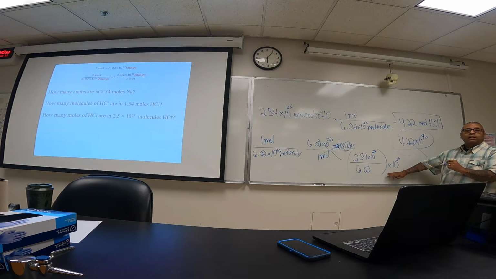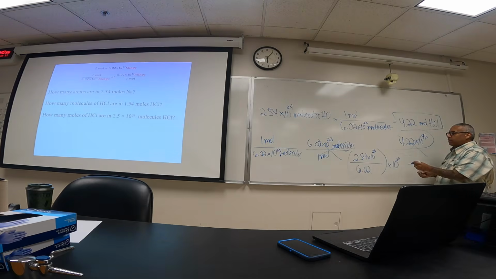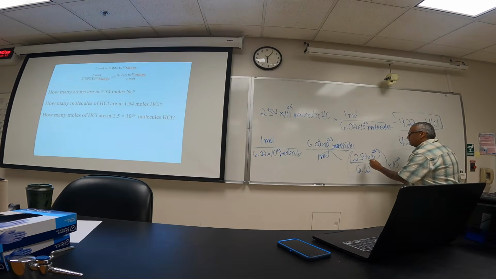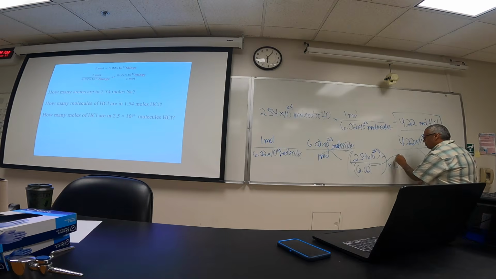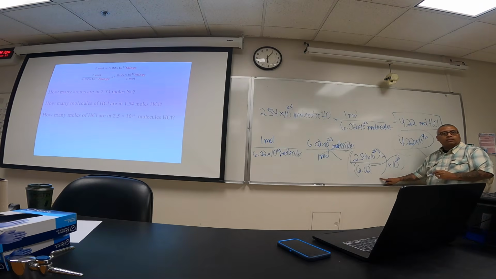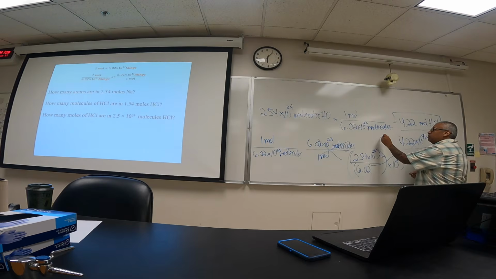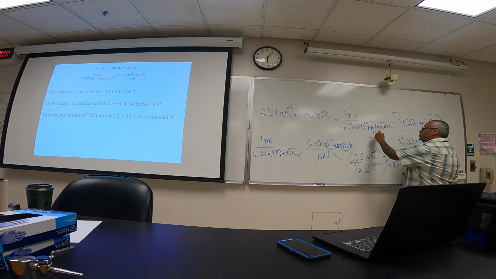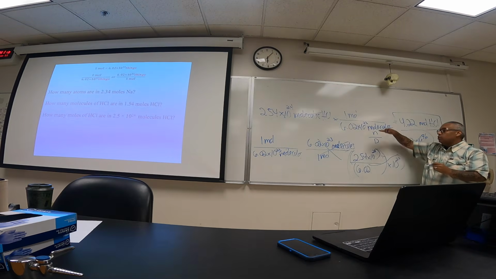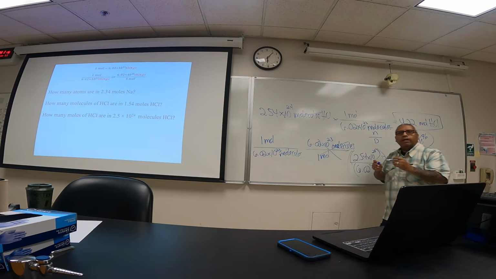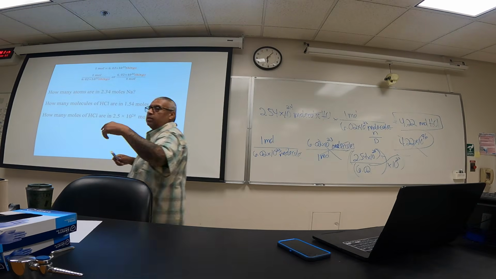So to fix that, you would put this in parentheses, divided by this in parentheses, and that would fix the issue. Or you could just use that function button, and put it in the numerator and the denominator, and those issues will be fixed with this specific calculator.